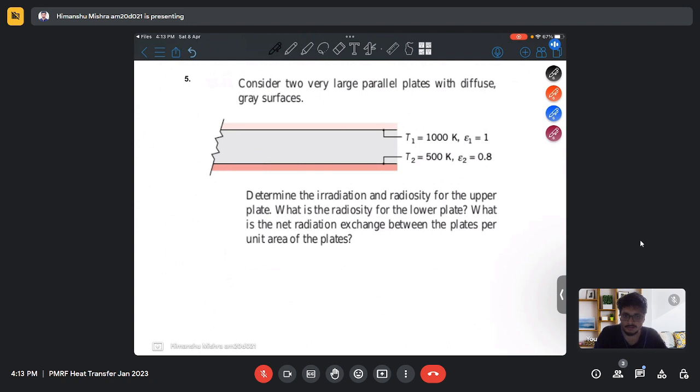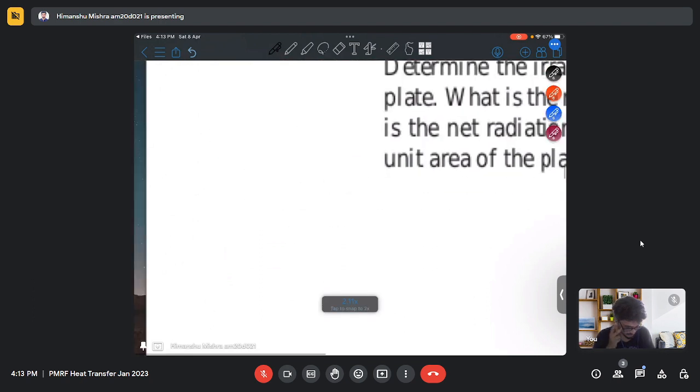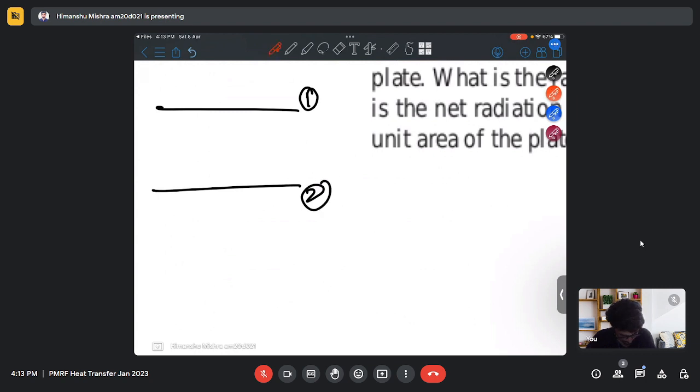What is the net radiation exchange between the plates per unit area of the plates? So we have been given two plates here. This is my plate 1 and plate 2.